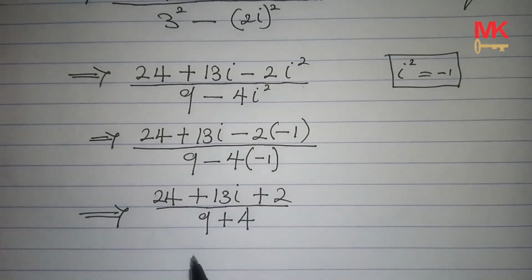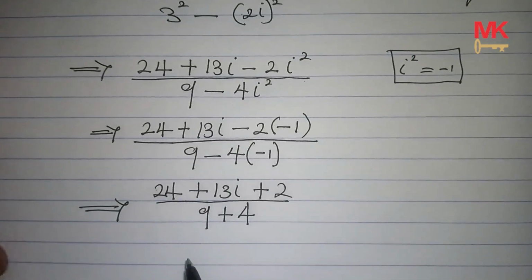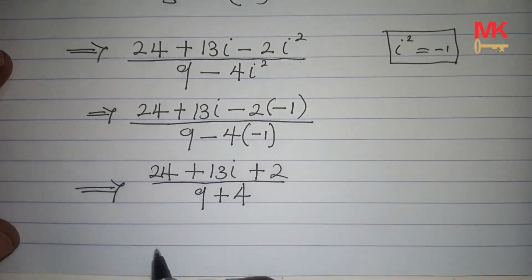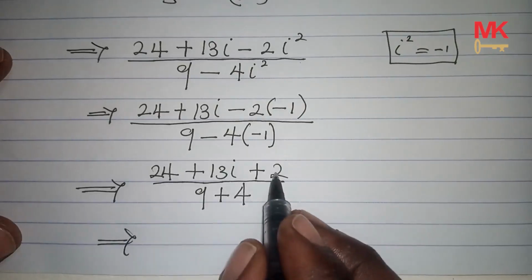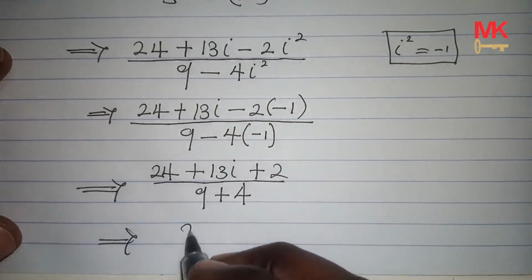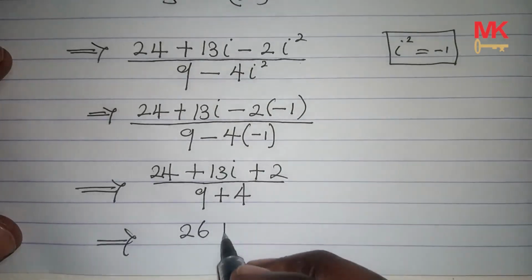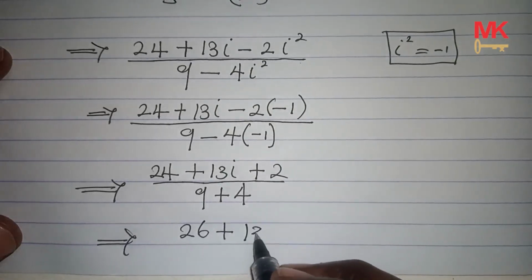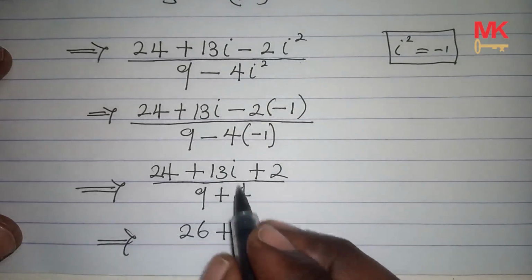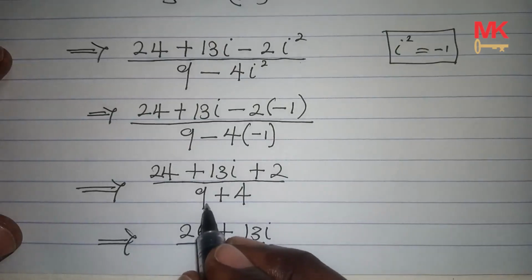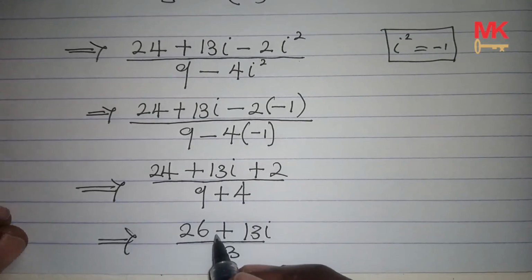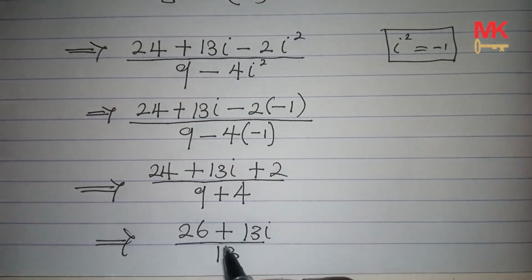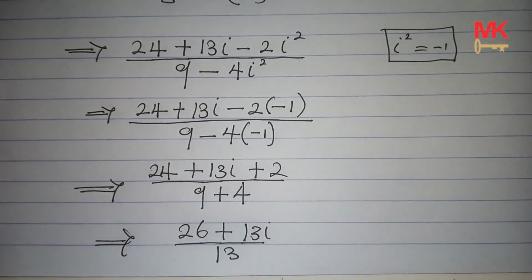So from here, we can see that 24 plus 2 gives us 26, then plus 13i, divided by 9 plus 4, which gives us 13.